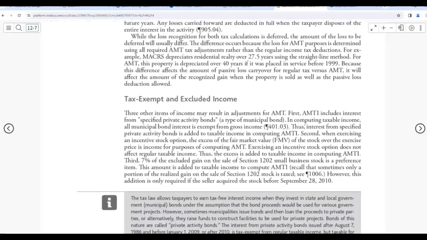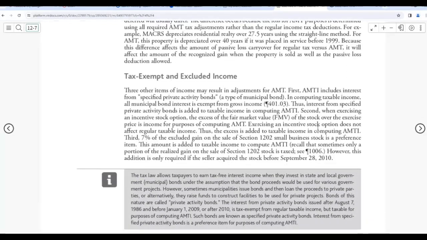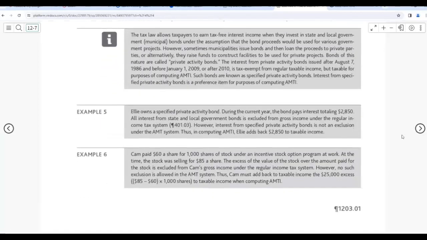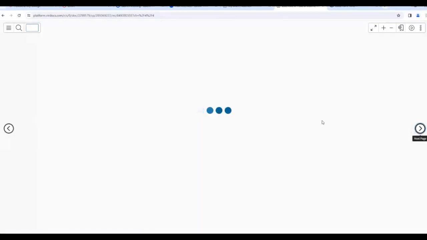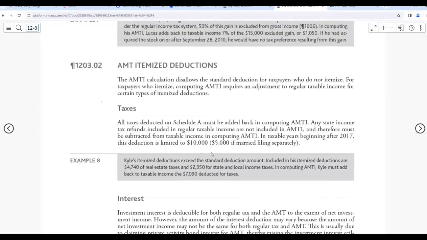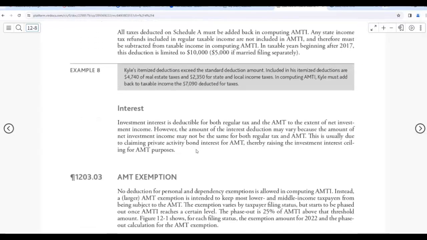Okay, so that's passive loss, which we just covered. I want to go next to an example for AMT. AMT here is talking about itemized deductions, taxes and interest.